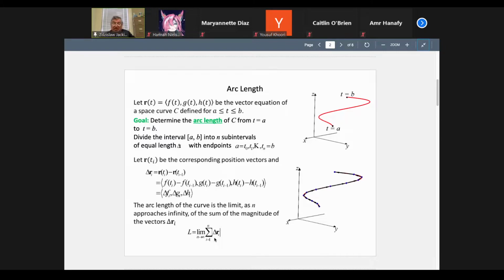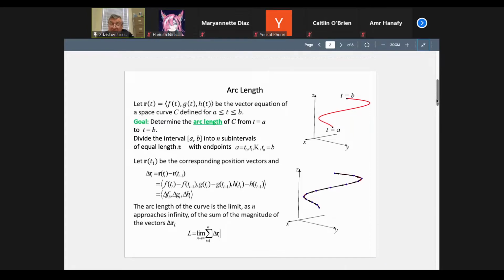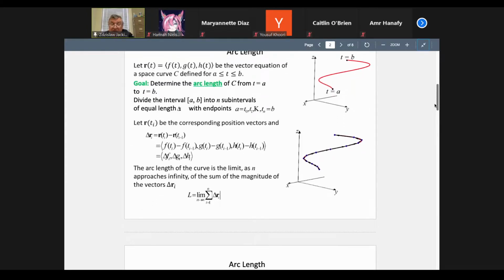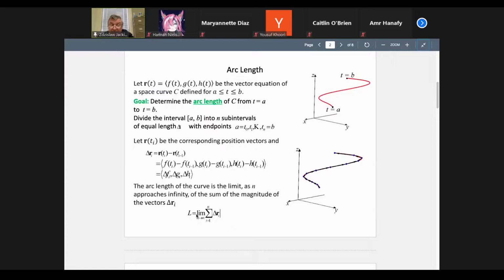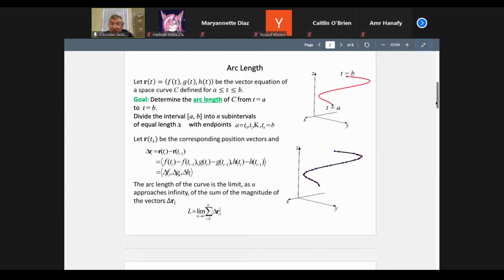Of course, this is not useful in computations, because you would have to put those points and divide everything and so on. So let's now try to reformulate this so we can use it for computations.